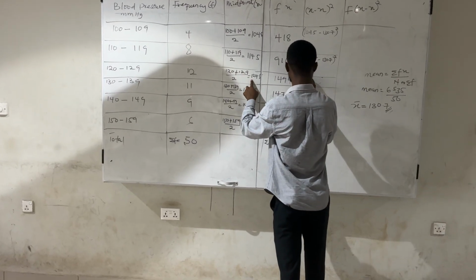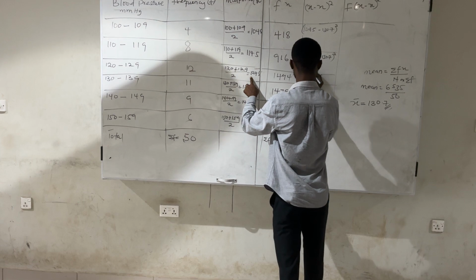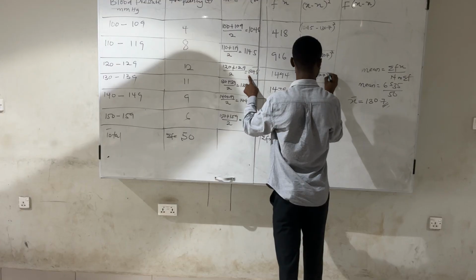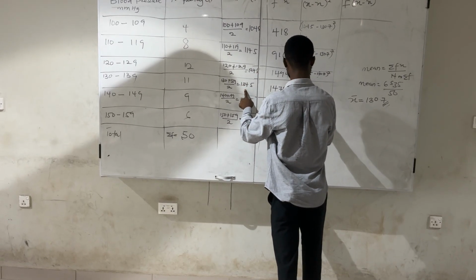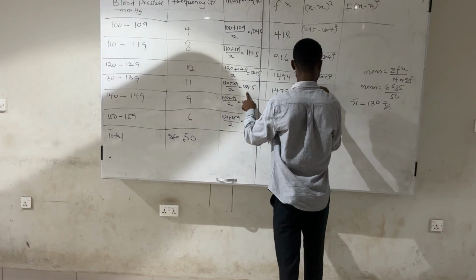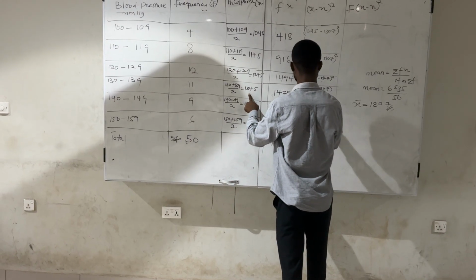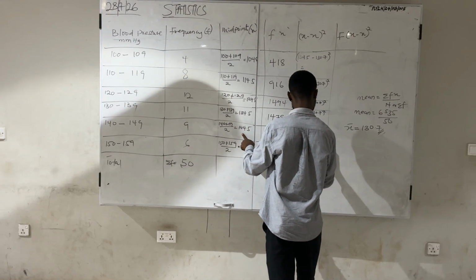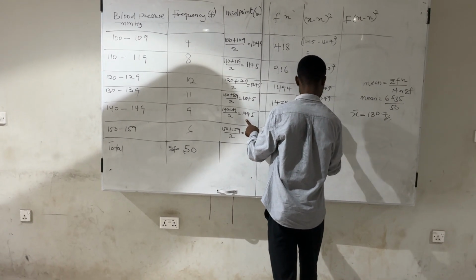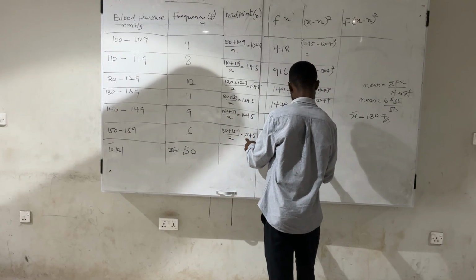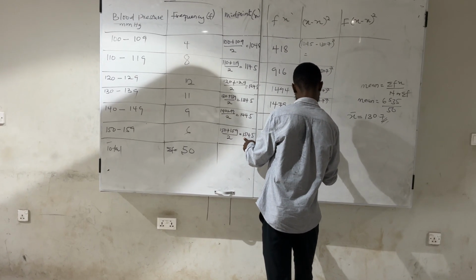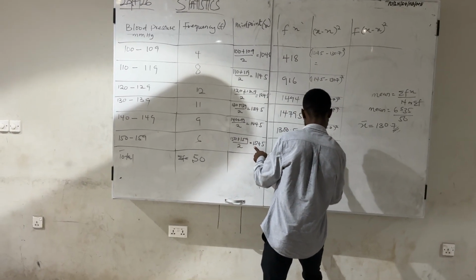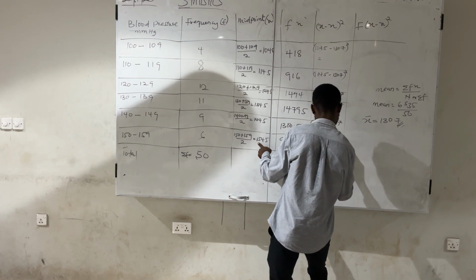We have 124.5 minus 130.7 all squared. We have 134.5 minus 130.7 all squared. We have 144.5 minus 130.7 all squared. Then we have 154 minus 130.7 all squared, and 154.5 minus 130.7 all squared.